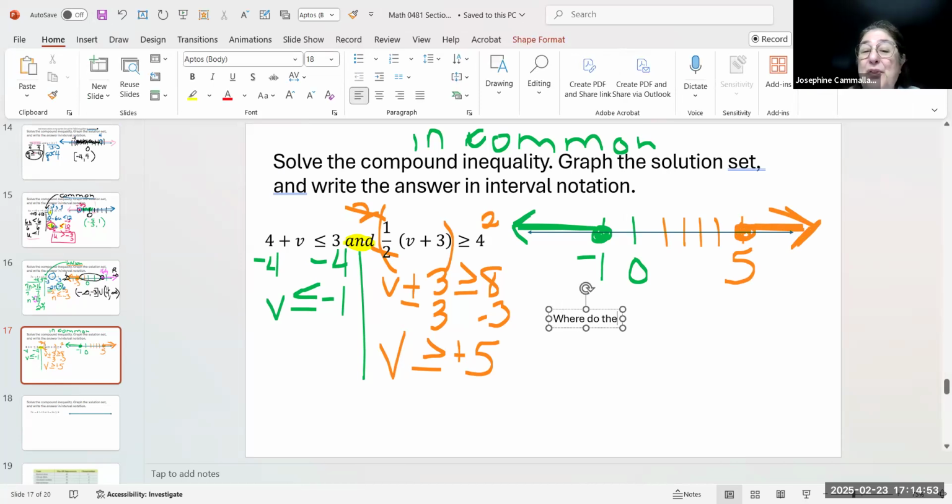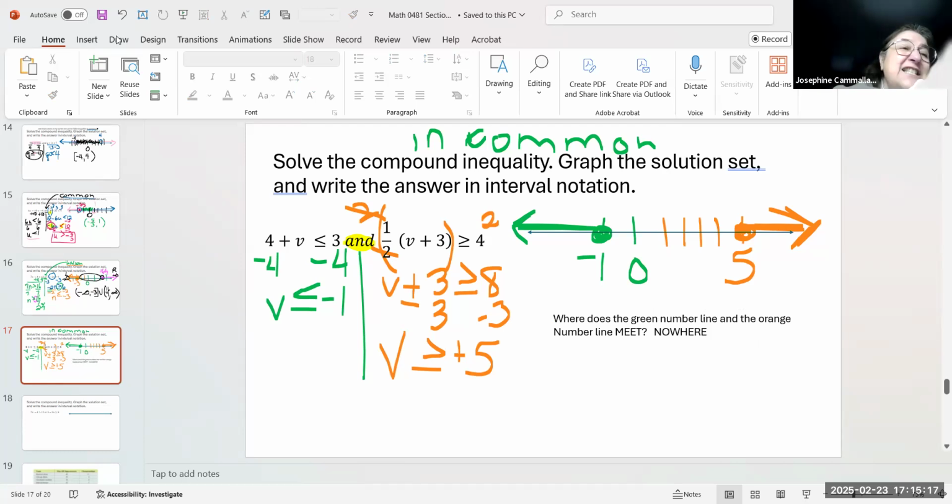Where does the green number line and the orange number line meet? Nowhere.